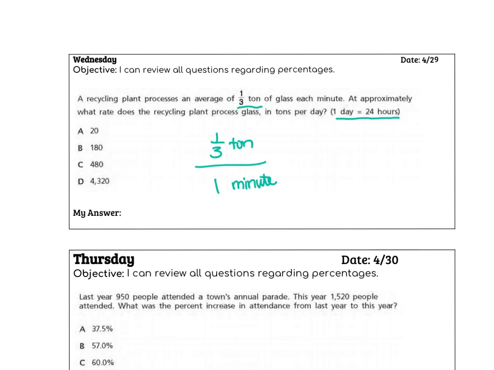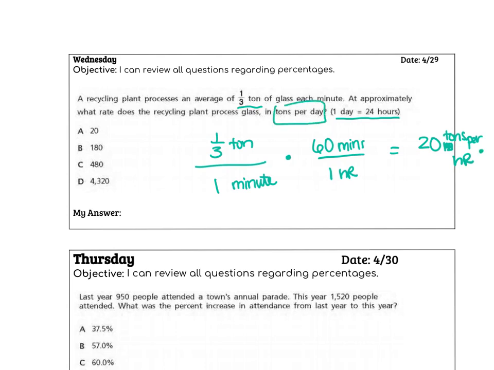So 1/3 ton per minute, and you need to do times 60 minutes would give me 1 hour. So if I do 1/3 times 60, that gives me 20 tons per hour, but we need tons per day.